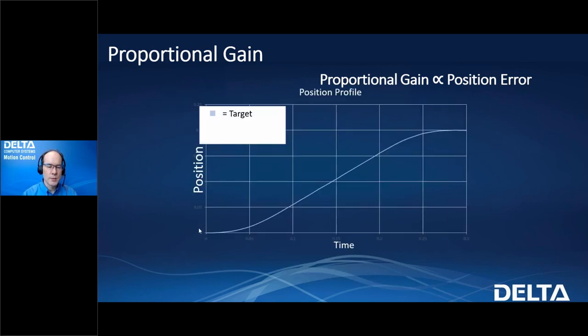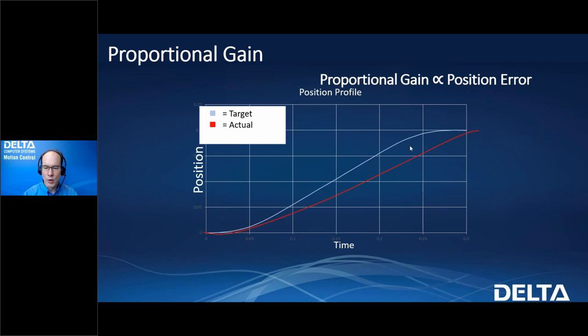If we look at a position profile where we have a target position, it starts at 0 and over time accelerates, goes to constant velocity, decelerates, and reaches a final position. Let's say our actual position is doing this, not behaving so well. The proportional gain will give us control output proportional to the difference between the target and actual at any given time. So at the beginning, there'll be a little bit.